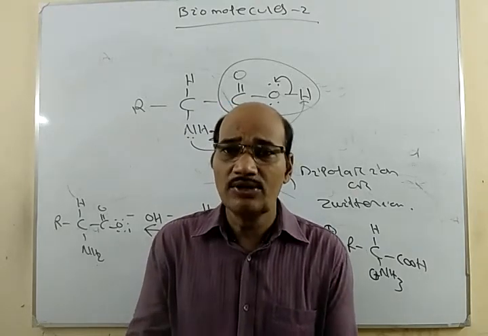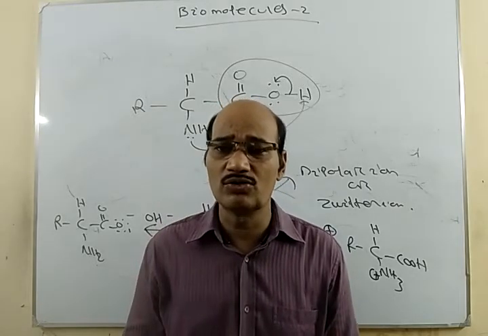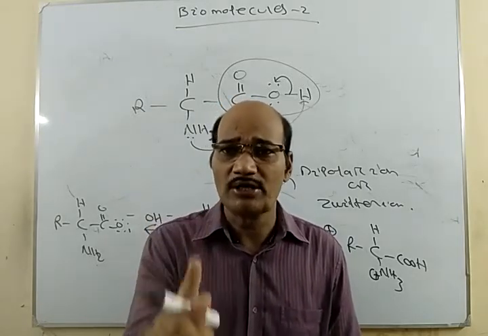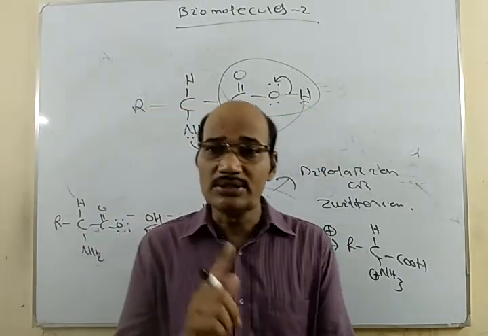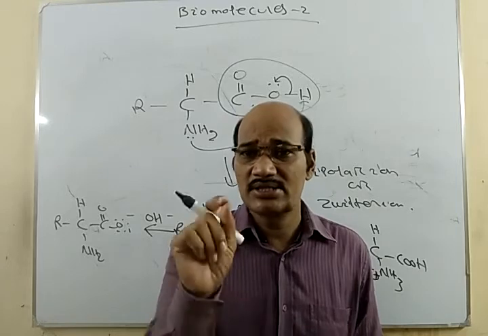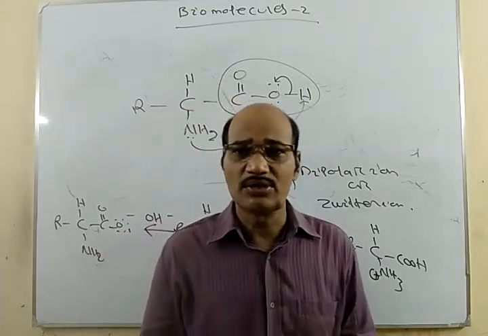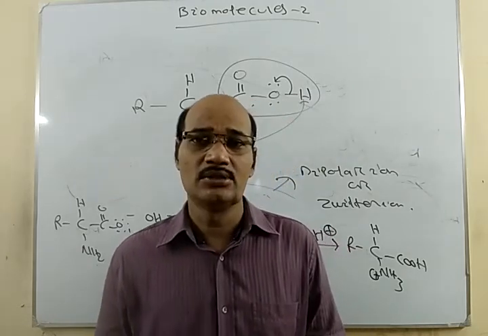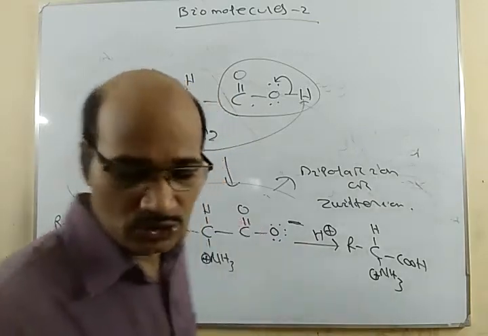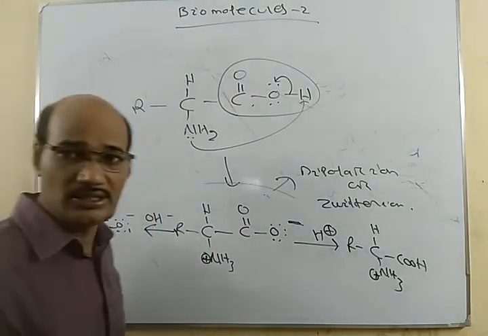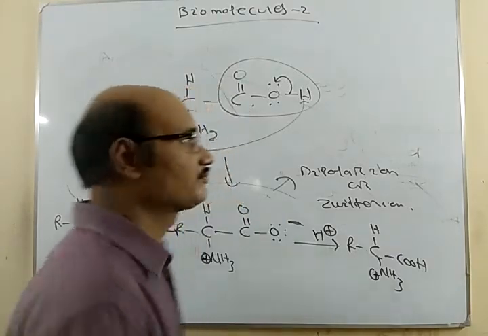Such a pH is called the isoelectric point of that alpha amino acid. For each amino acid there is a certain pH value where the migration stops, that is, a certain isoelectric point. Okay. So this is about amino acids. Clear? Now next we will jump to peptides and polypeptides.